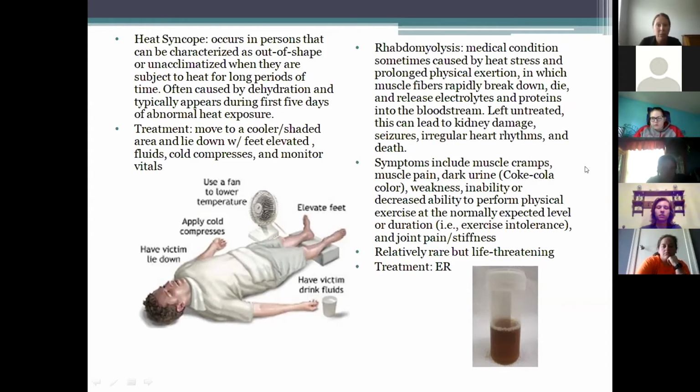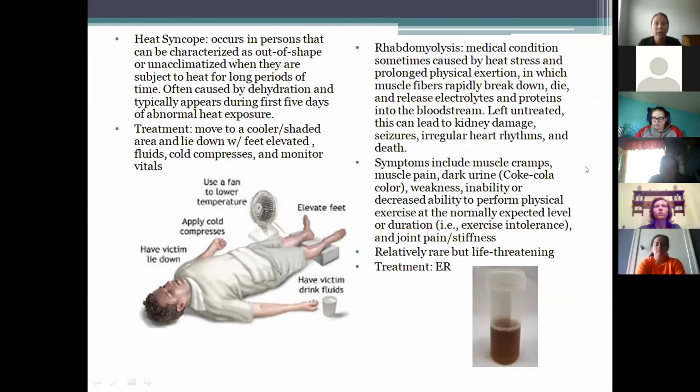And lastly, we have a condition called rhabdomyolysis. This is a relatively rare condition, but it is life-threatening, okay? This is a medical condition, and it's sometimes caused by heat stress and prolonged physical exertion. In this process, the muscle fibers actually rapidly break down. During this breakdown, they release electrolytes and proteins into the bloodstream.